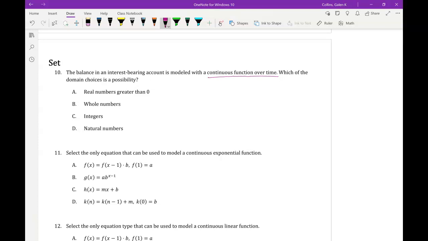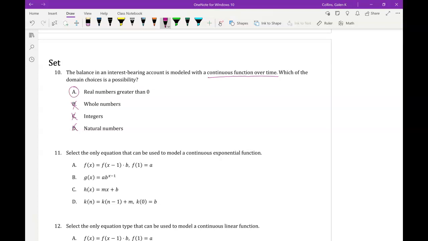And so if this function were discrete, then choices like B, C, and D might make sense because we define discrete functions as functions that have a domain that is a subset of the set of real numbers. So the choice for this is going to be A.